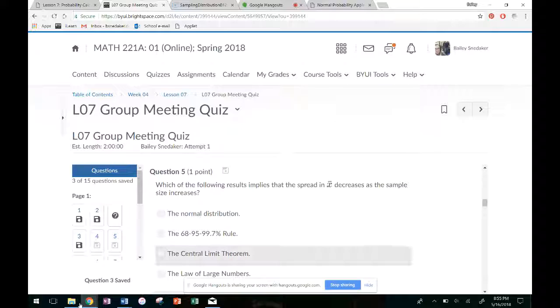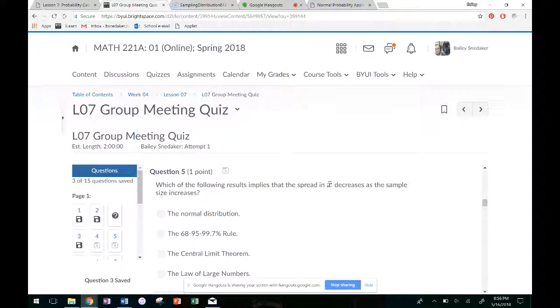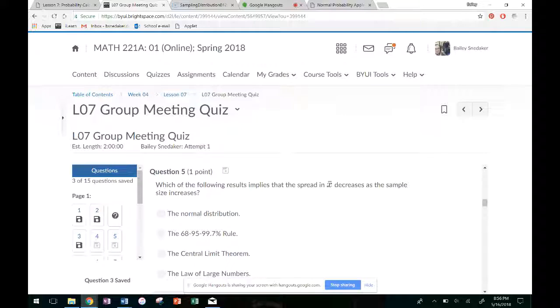It's not the law of large numbers, I know that. I don't think it's the central limit either. I don't think so. So it's either normal distribution or, oh, what if it's probably the rule because the spread in X decreases as the sample size increases.